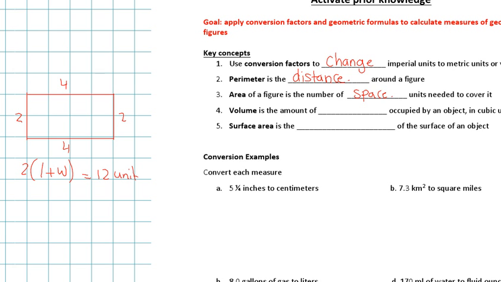Now, if I'm talking about the area, what am I talking about? Inside the box. So how many squares does it take to make this whole area? 8. So you do 4 times 2, right? Which is 8. Or you can say 1, 2, 3, 4, 5, 6, 7, 8.